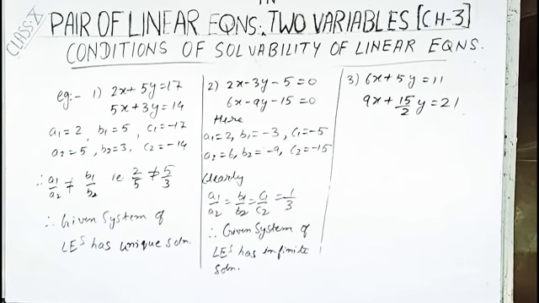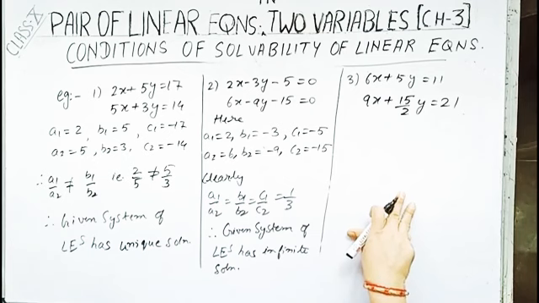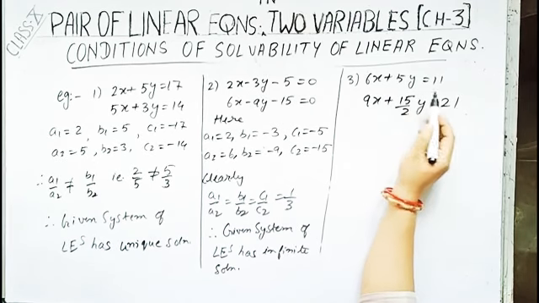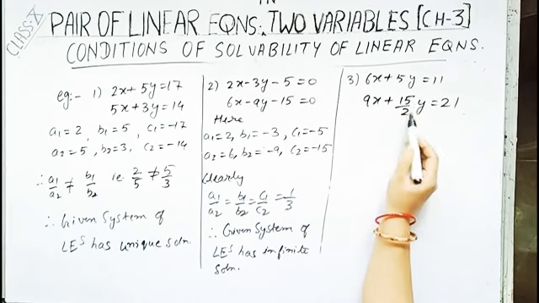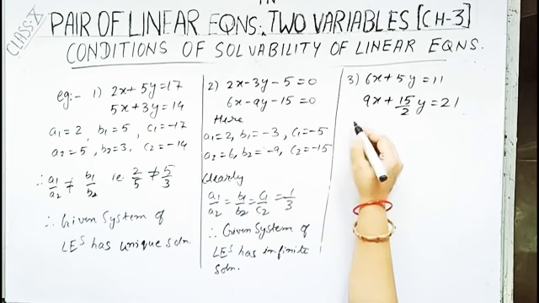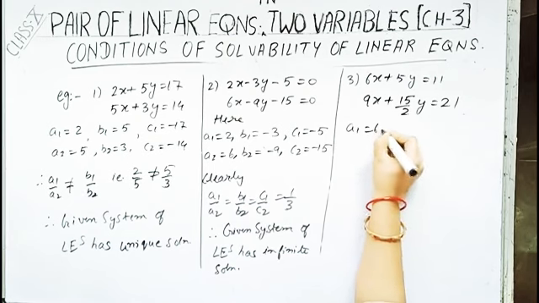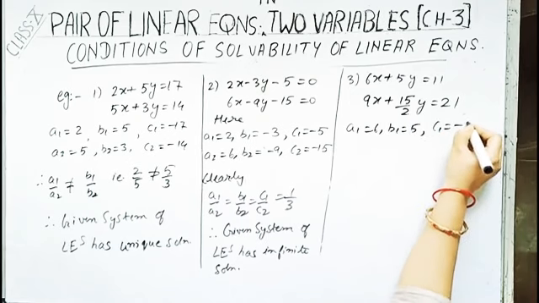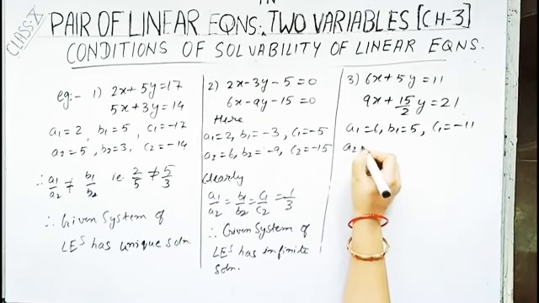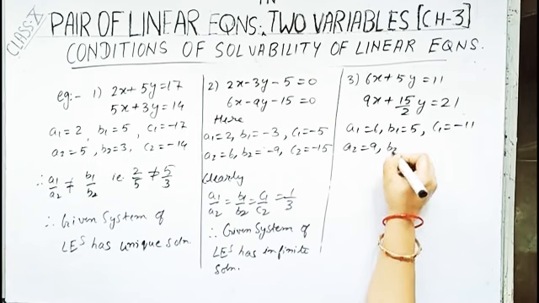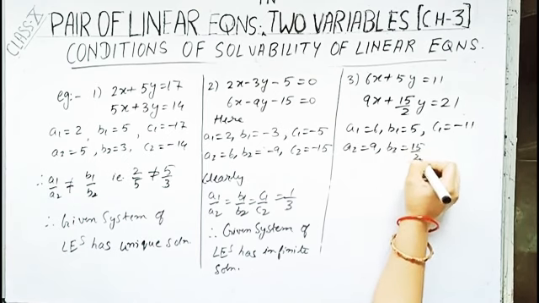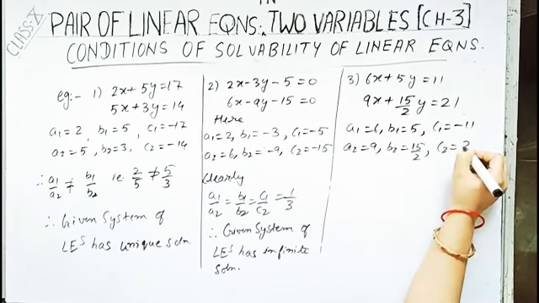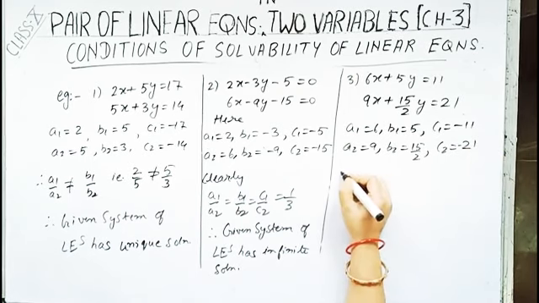Let us go to the third one. Here the question is 6x plus 5y equals 11 and 9x plus 15 by 2 y equals 21. Here a1 equals 6, b1 equals 5 and c1 equals minus 11. a2 equals 9, b2 equals 15 by 2 and c2 equals minus 21.